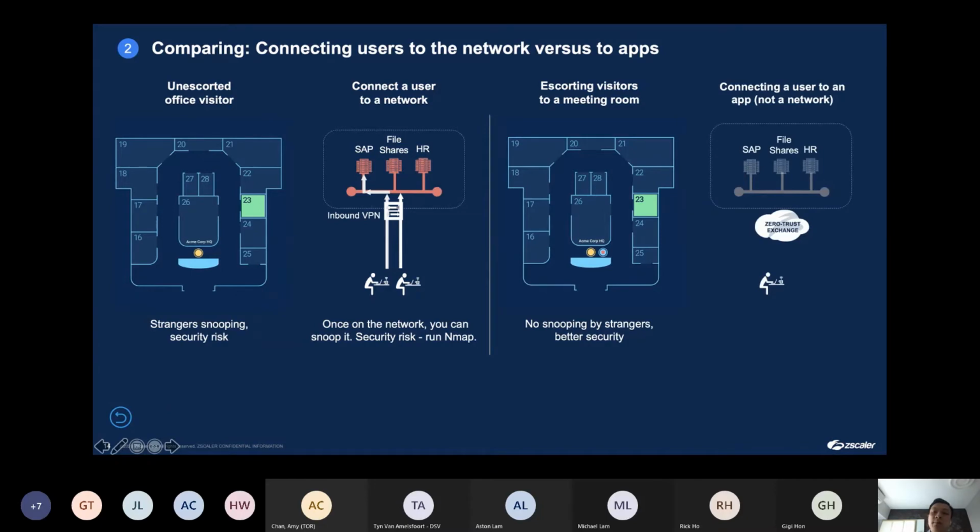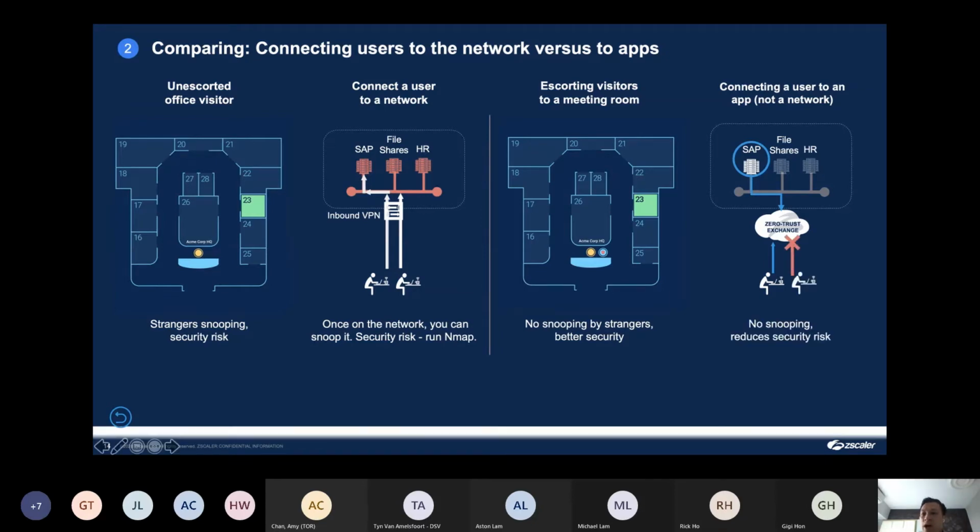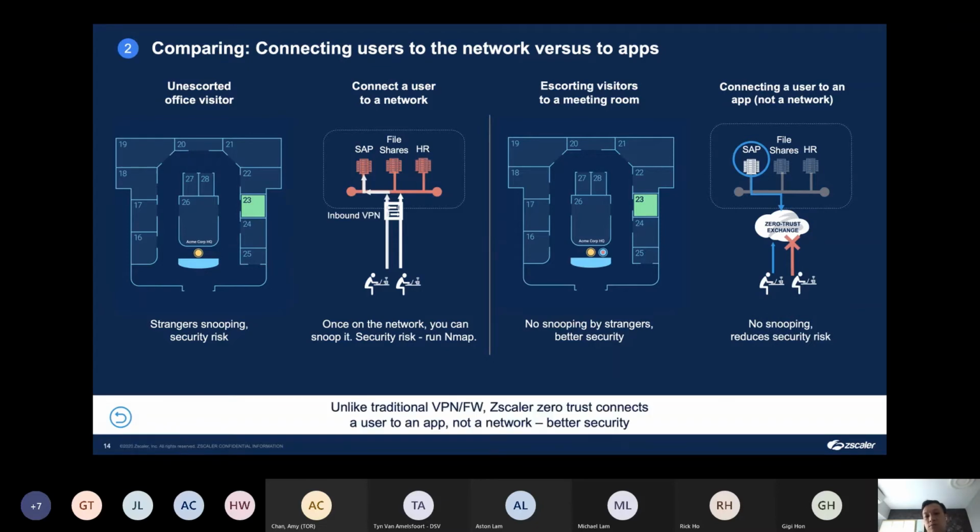If we compare this to the traditional enterprise network, we should always have a zero trust exchange architecture or model, so that the user is only allowed to access the specific application they have requested access for. Any other access will be blocked. I'm not sure how many enterprises are doing this nowadays, but from what we have observed, many are not.